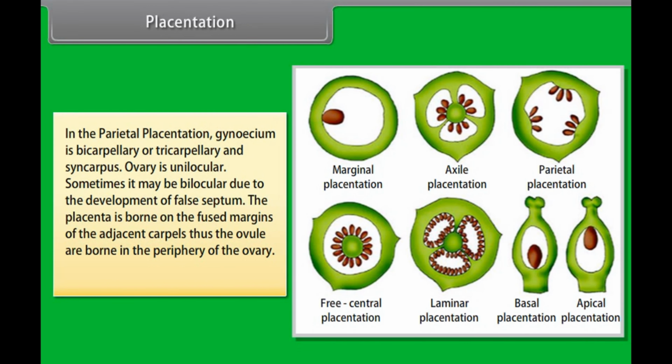In the parietal placentation, gynoecium is bicarpellary or tricarpellary and syncarpous. Ovary is unilocular. Sometimes it may be bilocular due to the development of false septum. The placenta is borne on the fused margins of the adjacent carpels, thus the ovules are borne on the periphery of the ovary. Example, Cruciferae.